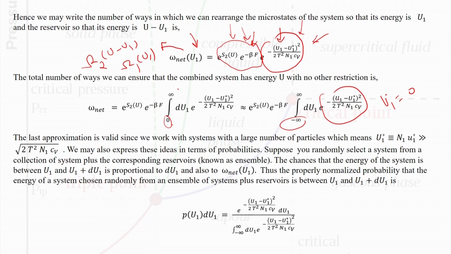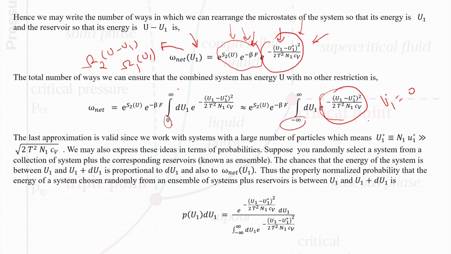If u1 is very, very negative, notice that it is u1 minus u1 star. So, that is already very negative, and very negative makes this highly suppressed. It is e raised to minus very negative squared. So, that is a large quantity and it gets suppressed. However, the way to minimize this is to make u1 as small as possible from the negative side, in other words, make its magnitude as small as possible, which is basically make it approach 0.